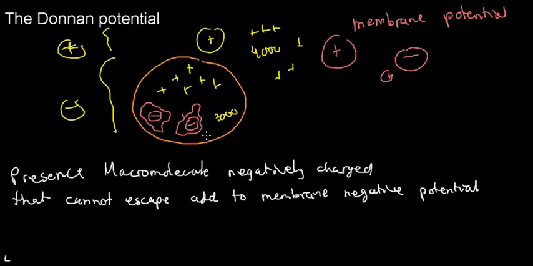So this would necessarily mean that this is a thermodynamic equilibrium, just because there's no net transport of these big macromolecules across the cell membrane. So this is a Donnan potential.